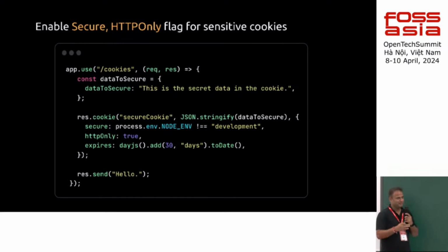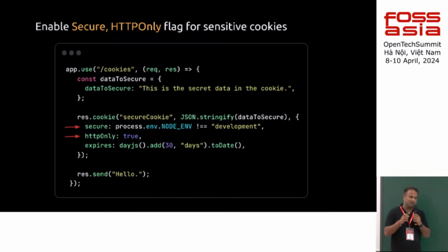So we're going to take a look step by step. There's something called the Secure flag and the HttpOnly flag, where you can protect the session cookies you have. Session cookies might have sensitive information which is very specific to the particular web session. The Secure flag makes sure these cookies are not sent over HTTP, and are always sent over HTTPS.